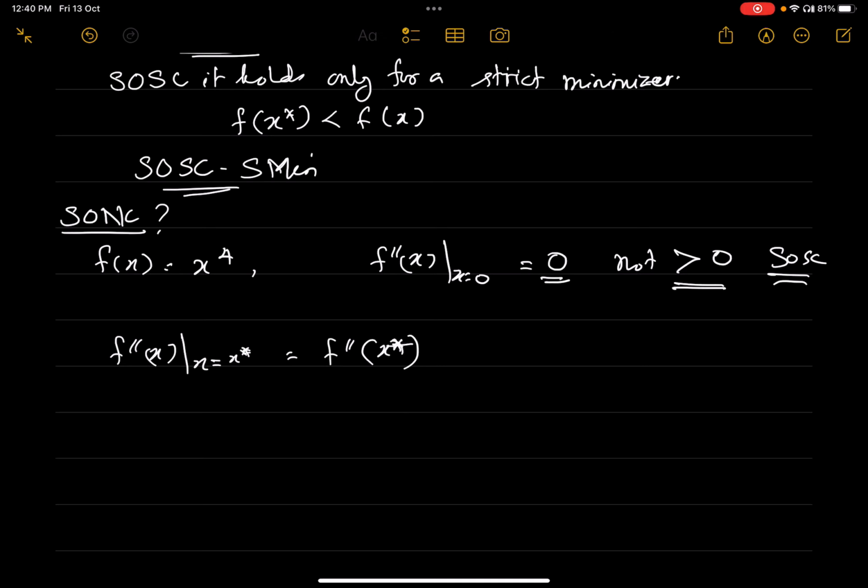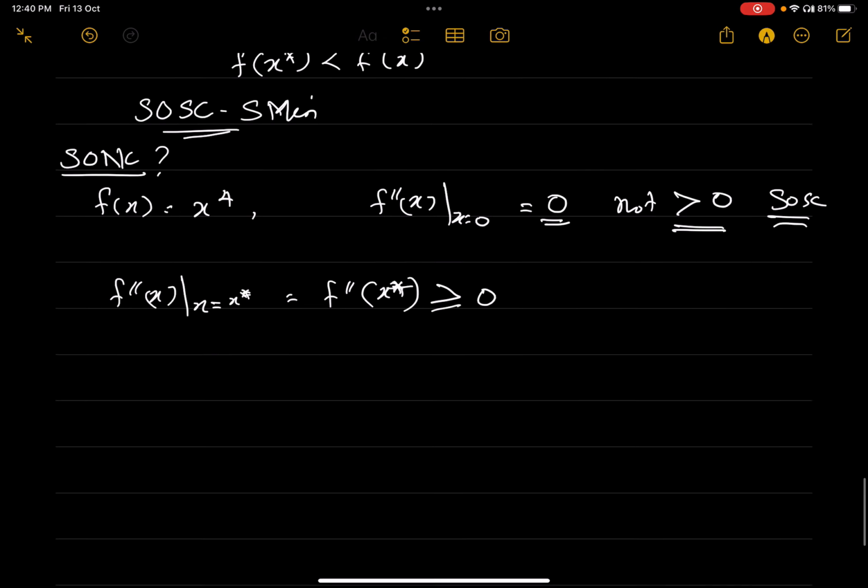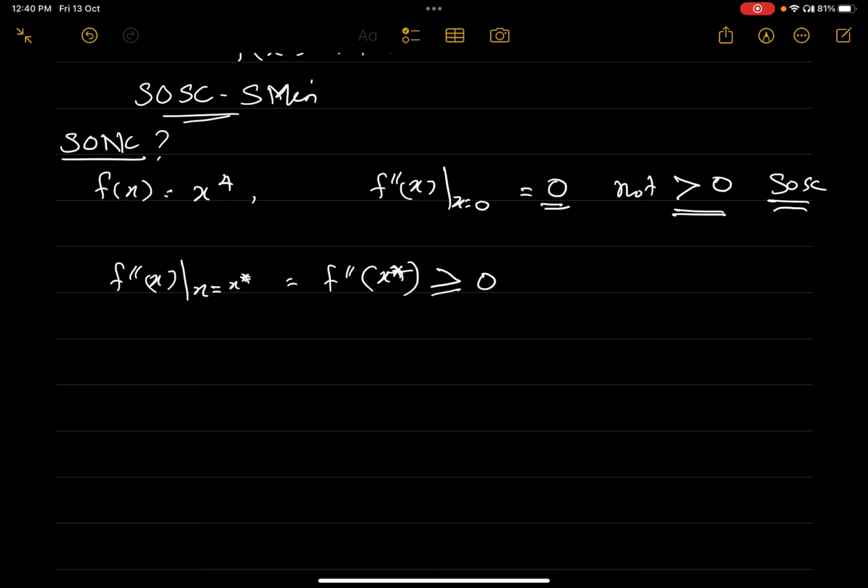If you relax this inequality a bit, then this becomes a necessary condition.